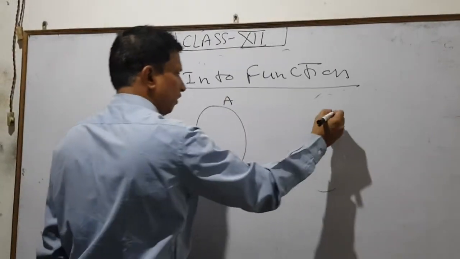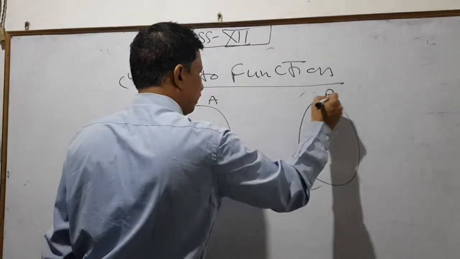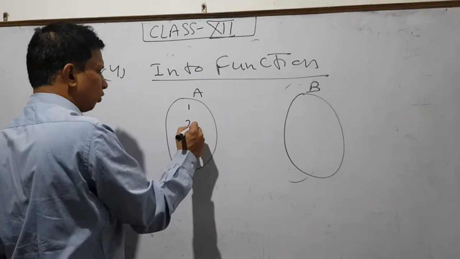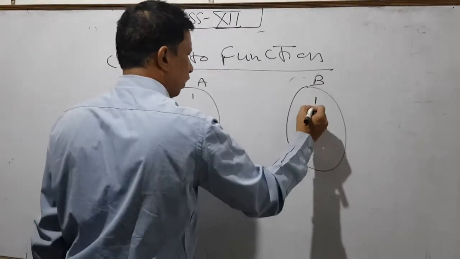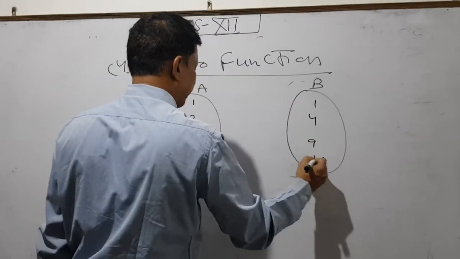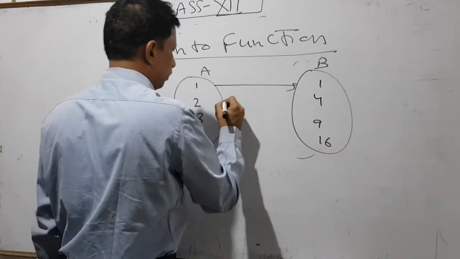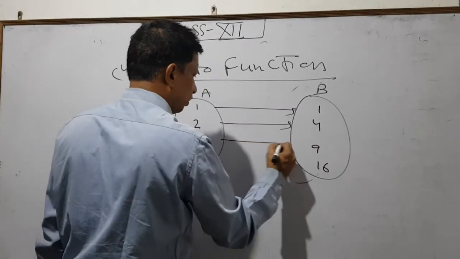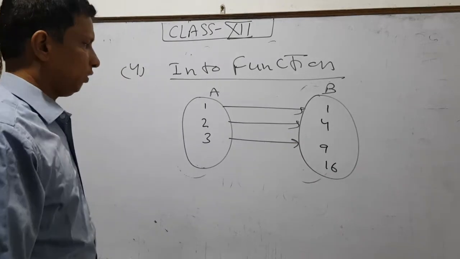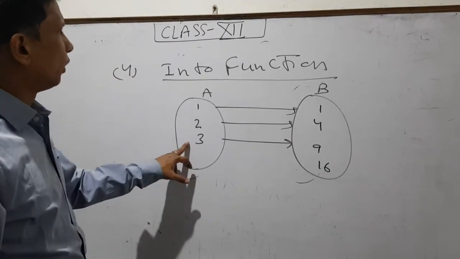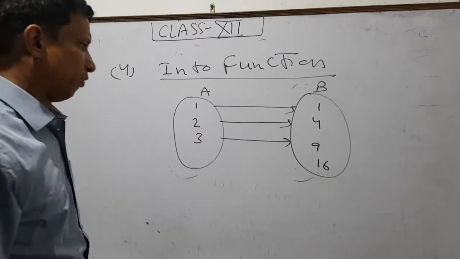That is A, this one is B, elements are 1, 2, 3, and 1, 4, 9, 16. 1 to 1, 2 to 4, 3 to 9. This is known as into function.